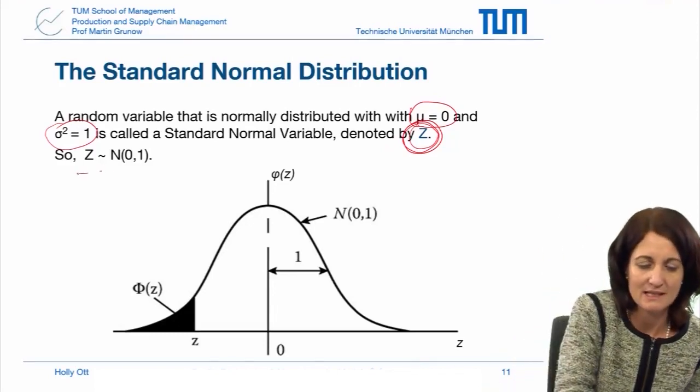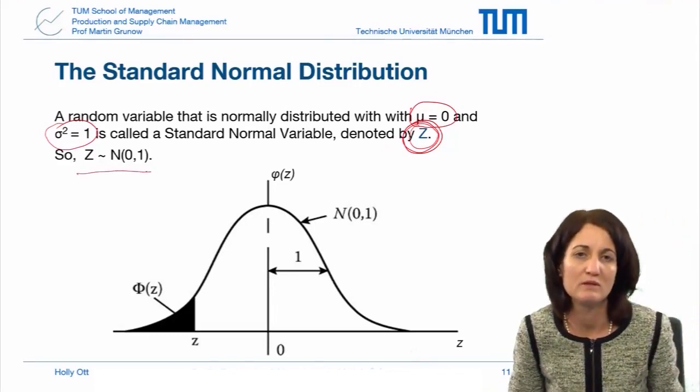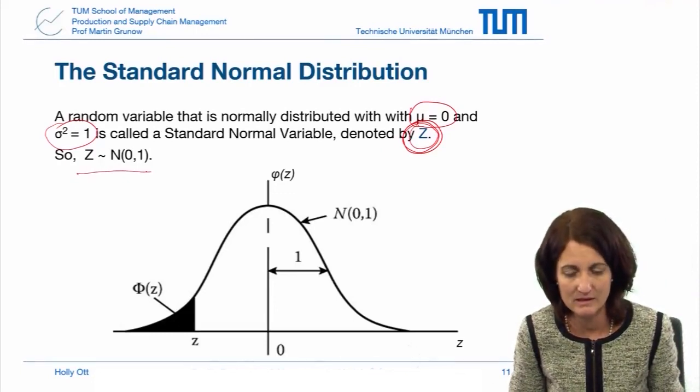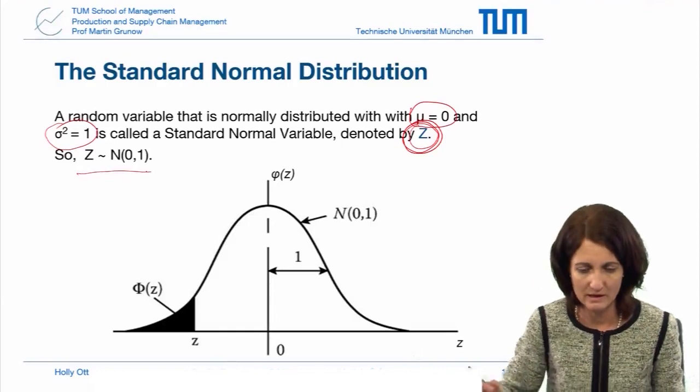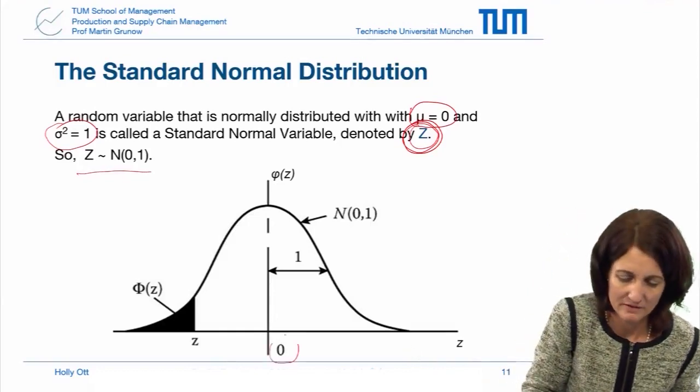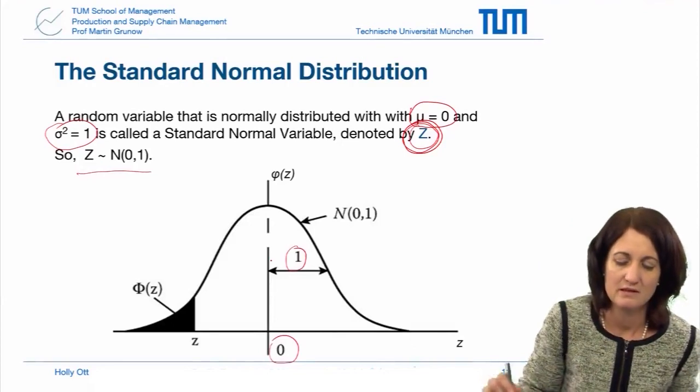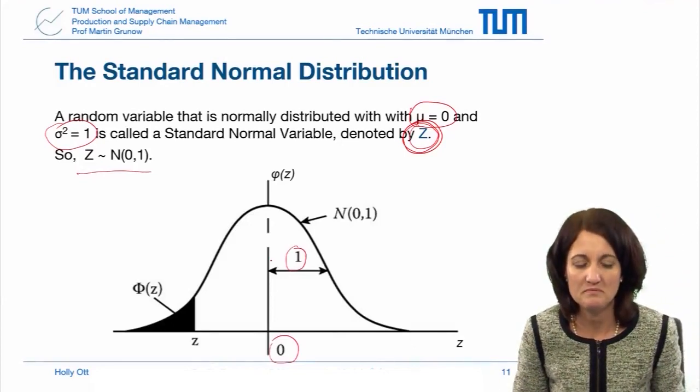So we can write z is normally distributed with the mean of 0 and a variance equal to standard deviation equals 1. So here we have the picture. Mean of 0, standard deviation of 1.